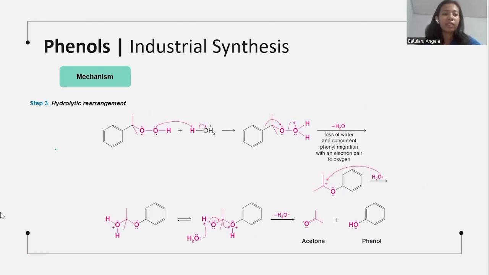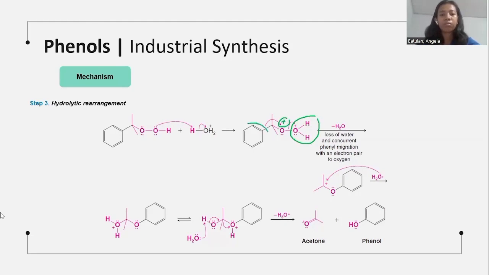For the last step, yung cumene hydroperoxide natin magpo-protonate, magre-react siya dun sa hydronium ion para mag-protonate. Tapos ito yung mag-produce natin. So, ito si water, pwede na maging mag-leave kasi good leaving group na siya. So, kapag nag-leave yan, magiging positively charged to oxygen natin. So, magiging cationic oxygen siya.